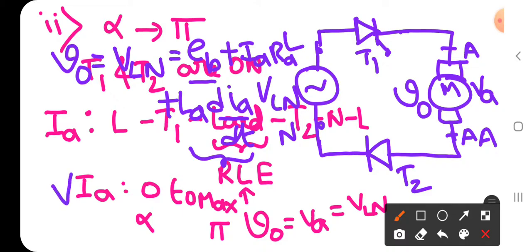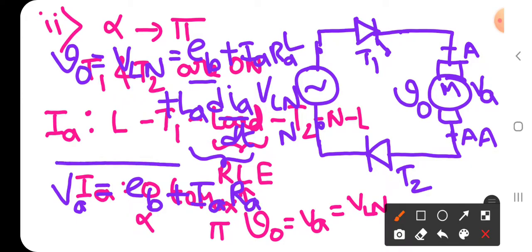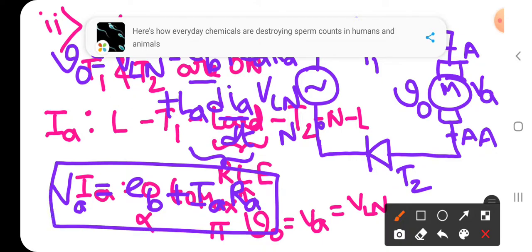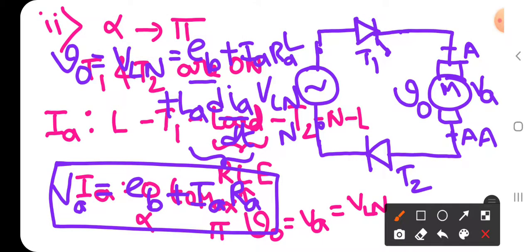Hence we can write VA is equal to EB plus IA RA only. This equation is at steady state condition. This is what happens during alpha to pi.